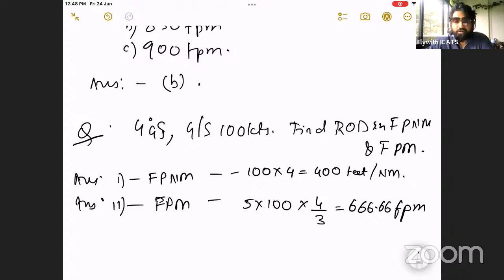Hardik, ROD in feet per nautical mile. So just sending, I've done that. Good, same answer. Same answer to what? Write it in the chat box quickly.